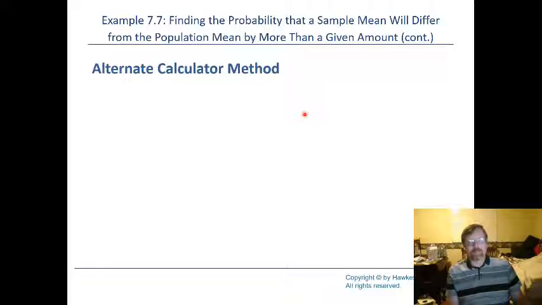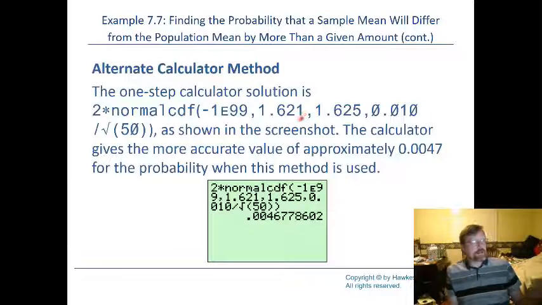Again, we can do this in the calculator. They did it with 2 times our function, from negative infinity to 1.621. They left this in terms of without converting it to z-scores. 1.621 was our lower limit. 1.625 is the mean.